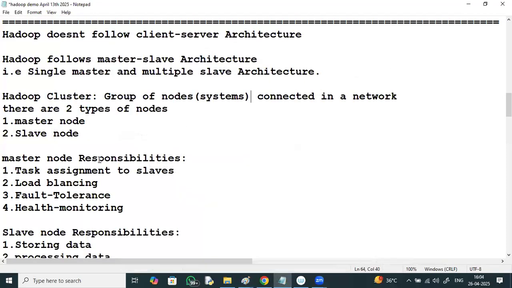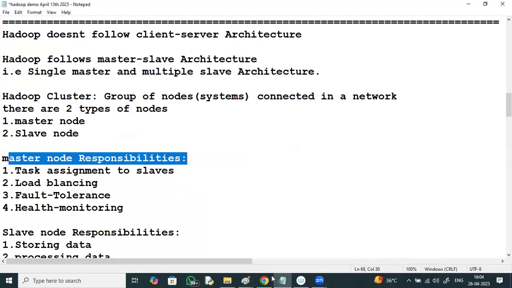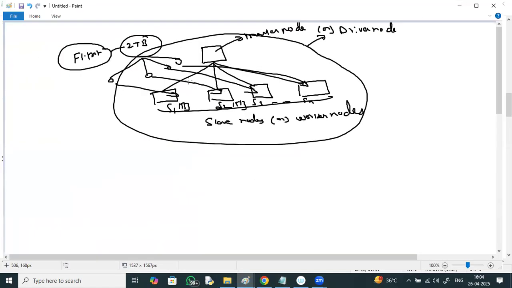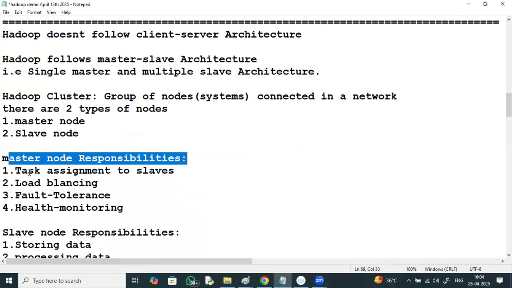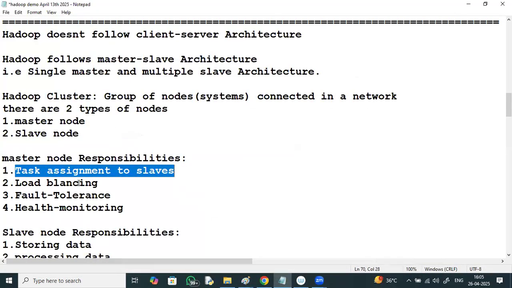Master node responsibility. You check this, right? The master node's responsibility is to assign tasks to the slaves. Master node does task assignment to slaves, and load balancing.